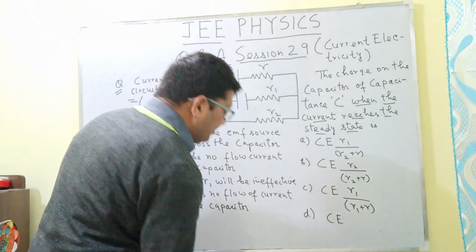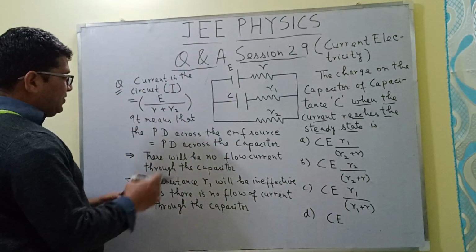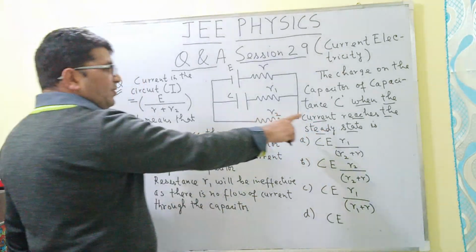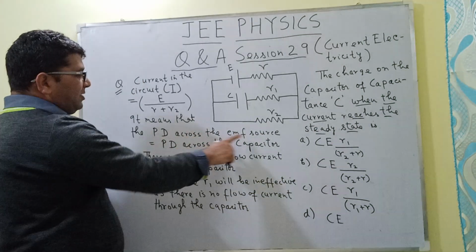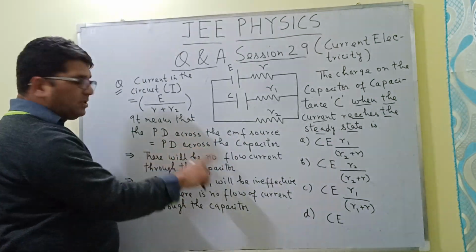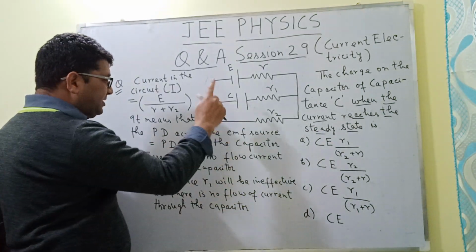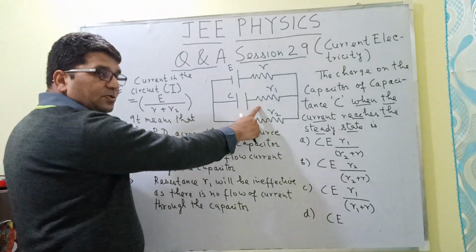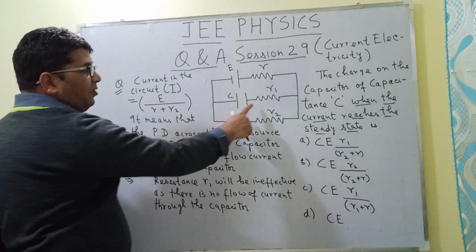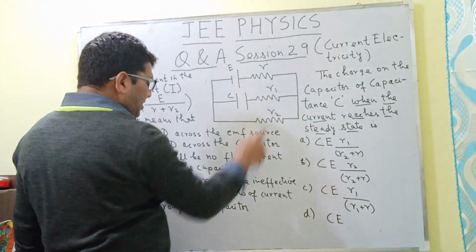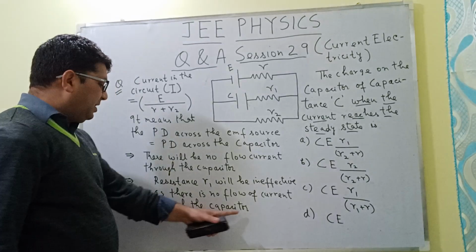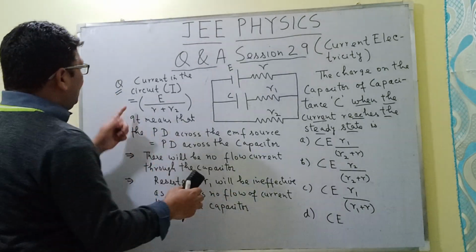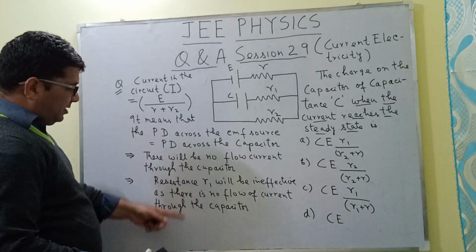So I have found the current in the circuit now. The first important point was that in the steady state, the potential difference across the EMF source is equal to the potential difference across this capacitor, and because of this, there is no flow of current through this capacitor, and when there is no flow of current through this capacitor, this resistance R1 is ineffective.